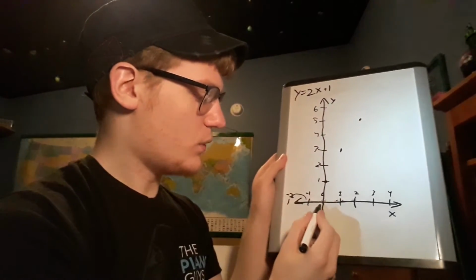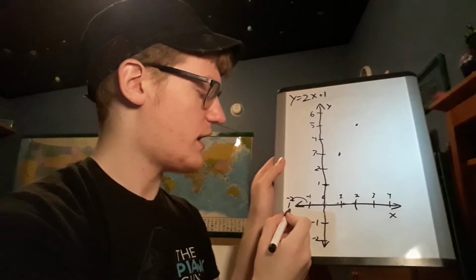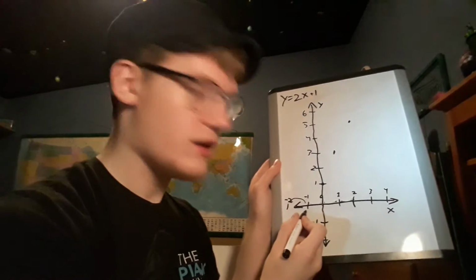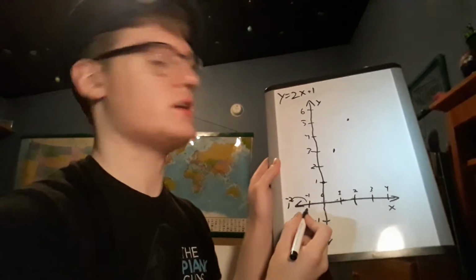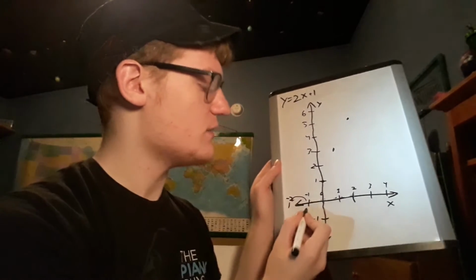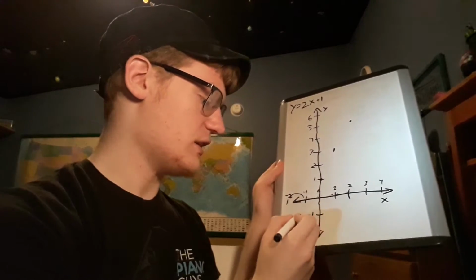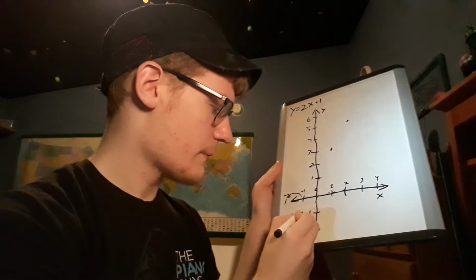And doubling -1 takes you this step, puts you there, and then add 1 is 1 more to the right. So we end up back at -1. So 2 times -1 is -2, plus 1 is -1 again. So -1 is x, that means -1 is y.